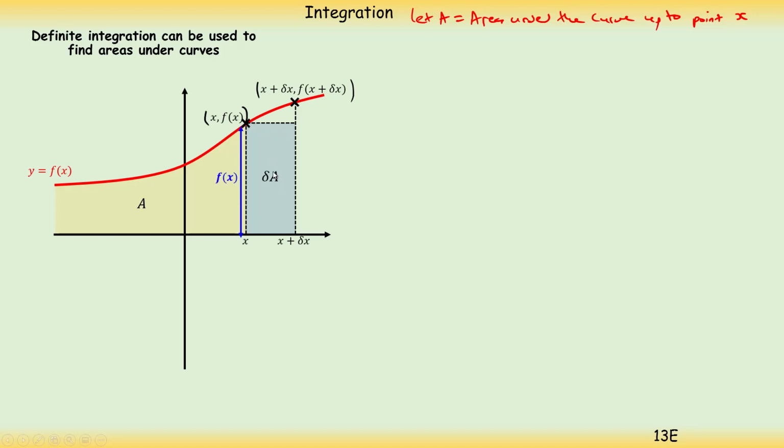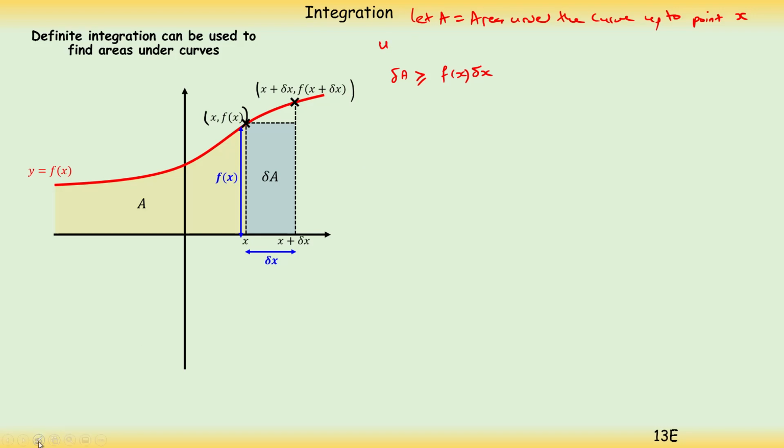So the area is given by f of X times delta X, area of a rectangle rather. So we can say that delta A is actually larger than that, so it's greater than or equal to f of X times delta X. So this is an underestimate.